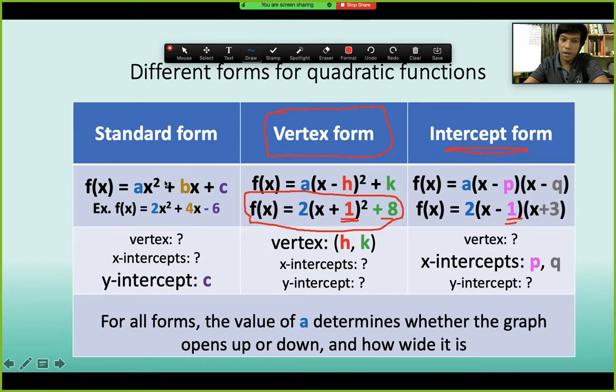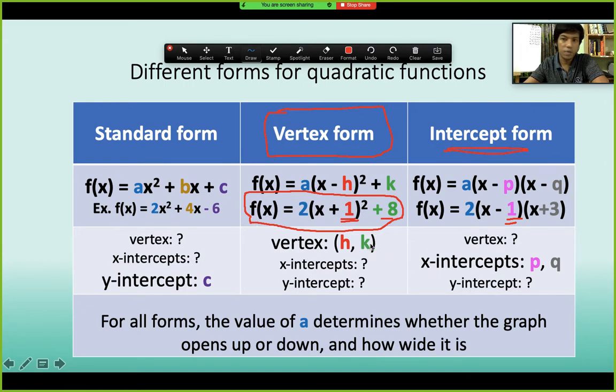And this is the standard form. Usually a quadratic function is written in this form, ax square plus bx plus c. This is the standard form because in most cases you will see this form. The main question is given in this form, then we just convert it to different forms if necessary.